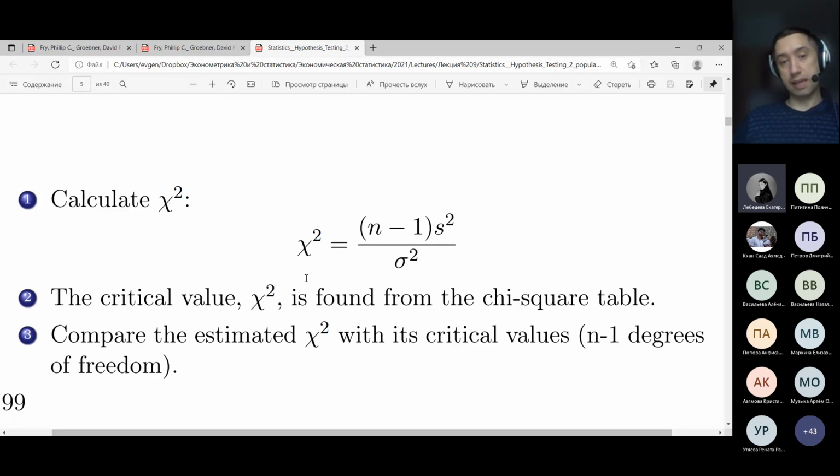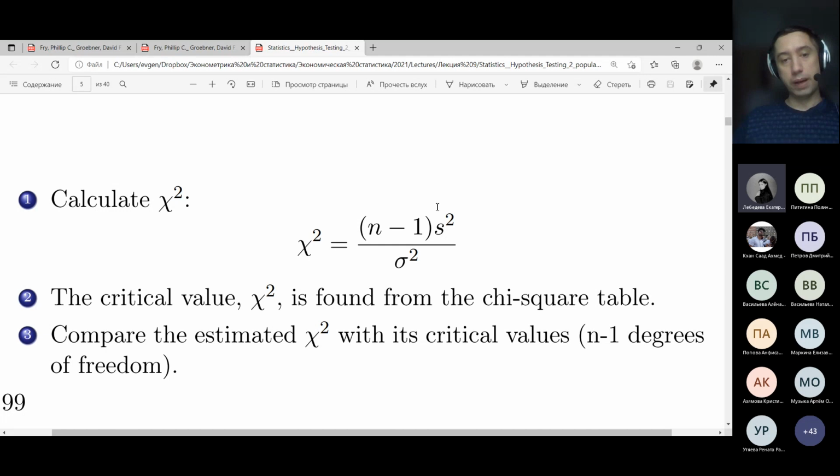N is the sample size, S is your sample variance, and sigma squared is the number you compare with. For example, if your variance is 0.5 and your number for comparison is 0.7, in the numerator you should put 0.5 squared, and in the denominator you should put 0.7 squared.